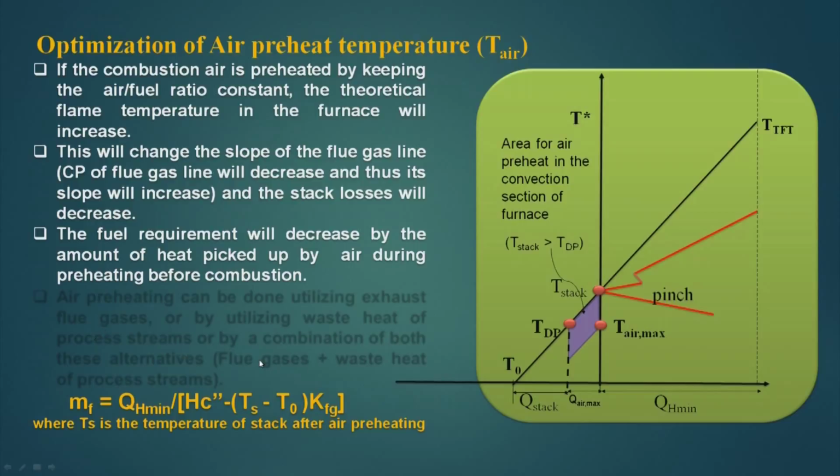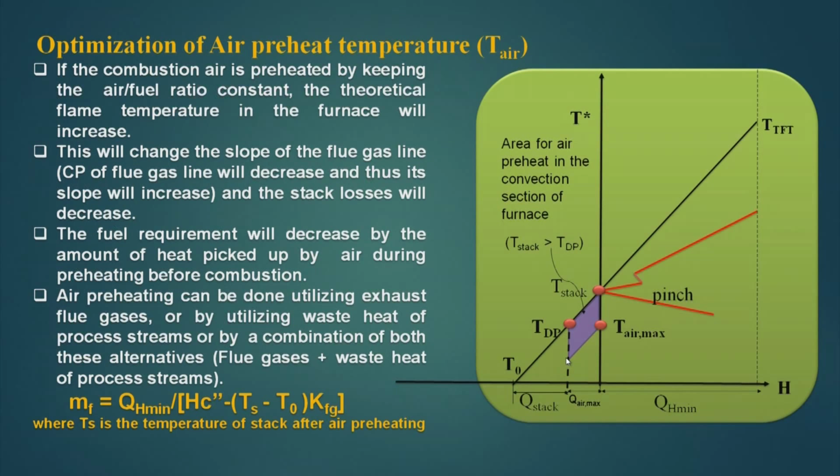Now, if we see this place, the T air can be heated up to a point which is called T air max. Basically, the air will be heated from T 0, this is the T 0 point, to T max, and this T max will be a little bit less than the TDP.